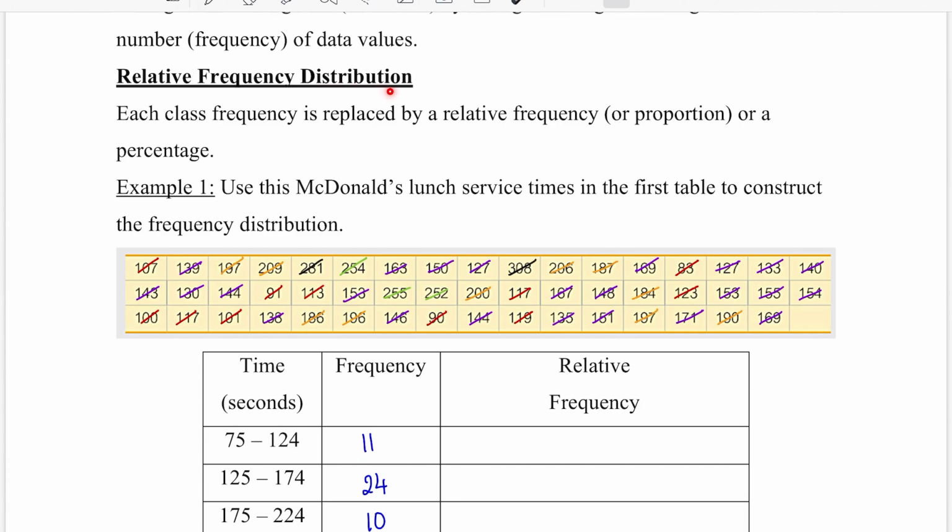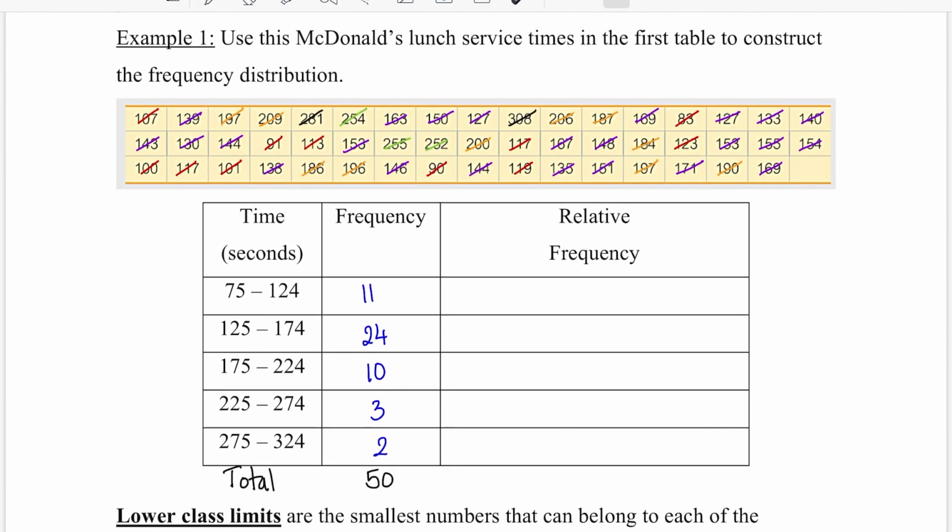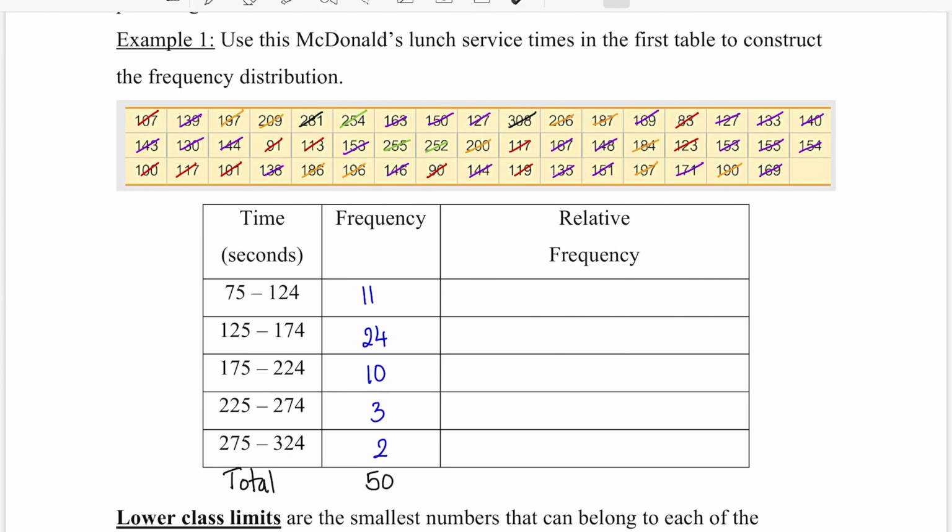Relative frequency distribution: each class frequency is replaced by a relative frequency, or proportion, or a percentage. To construct a relative frequency distribution, we first need the frequency.